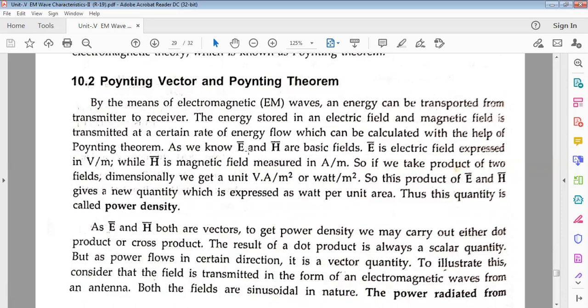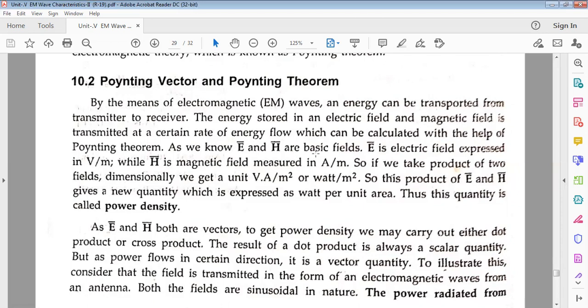As we know, E bar and H bar are basic fields. E bar is the electric field expressed in volts per meter, and H bar is the magnetic field expressed in amperes per meter. So if we take the product of the two fields, dimensionally we get volt ampere per meter square.